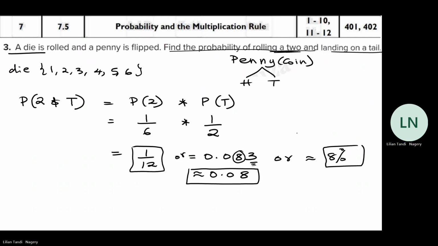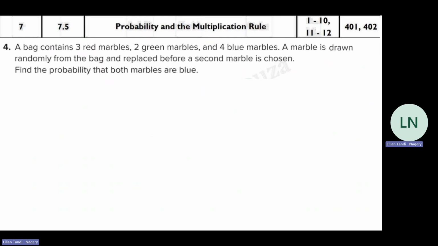Okay? All right. A bag contains 3 red marbles, 2 green marbles, 4 blue marbles. Okay? So I have 3 colors: red, green, and blue.